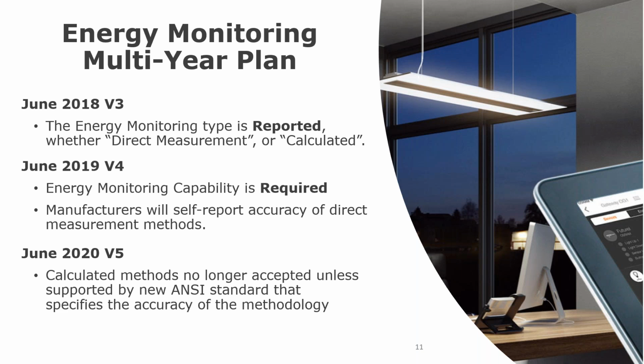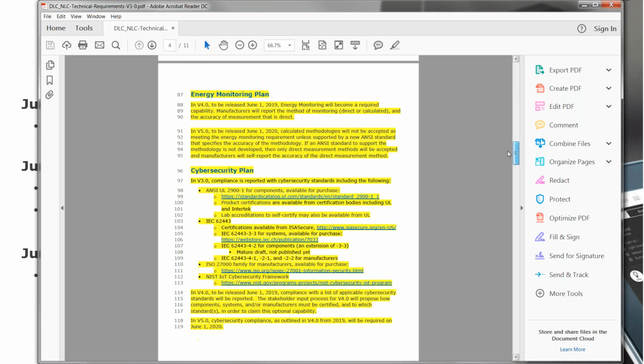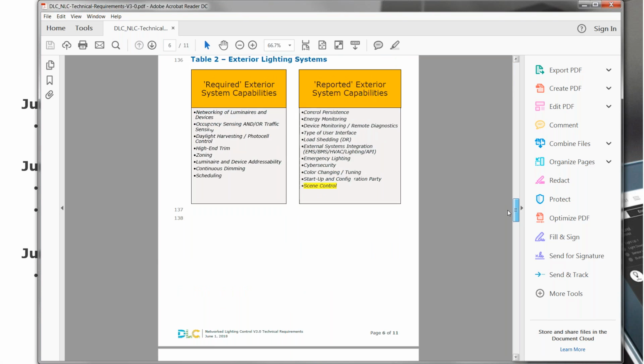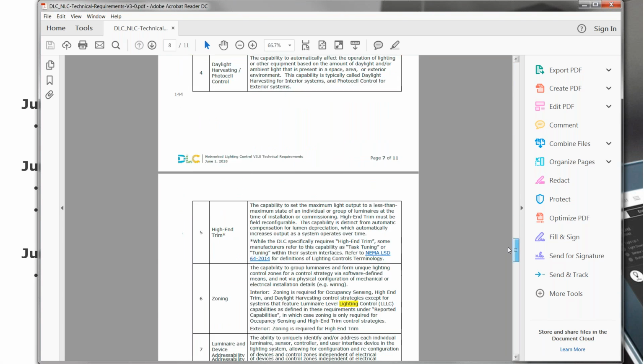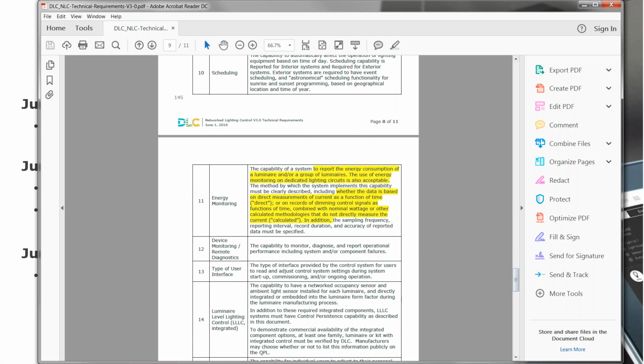So might the answer be that, I'm sorry, go ahead. No, go ahead. I need to pull up, there we are, the definition of energy monitoring.